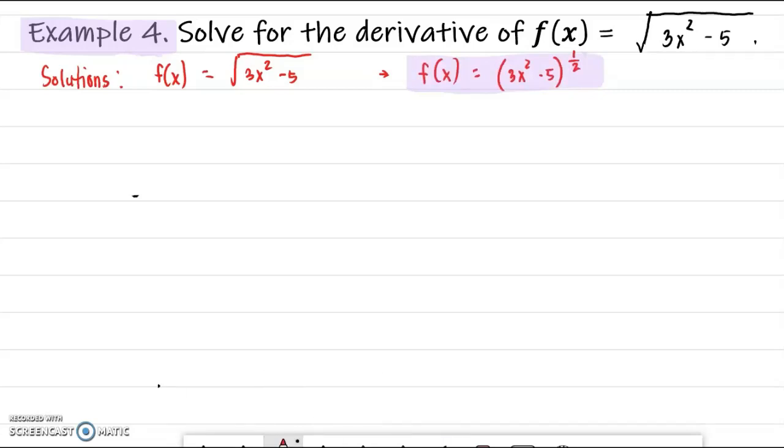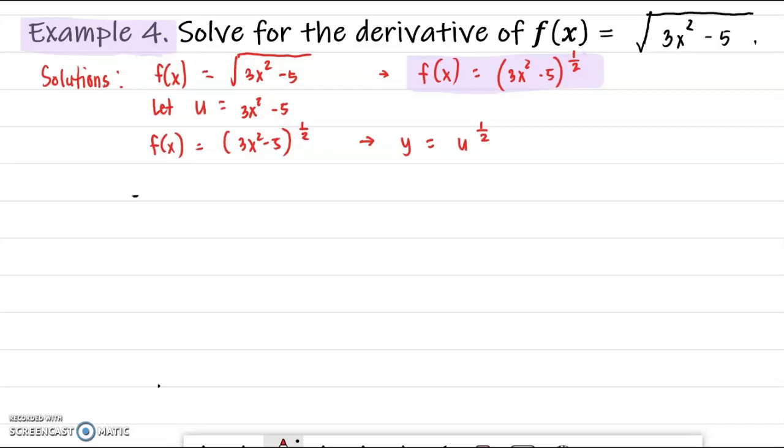So we let u be equal to the inner function. We have 3x squared minus 5. And then we write f of x equals the quantity 3x squared minus 5 raised to 1/2, so y equals u raised to 1/2.